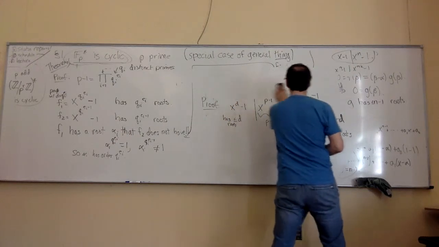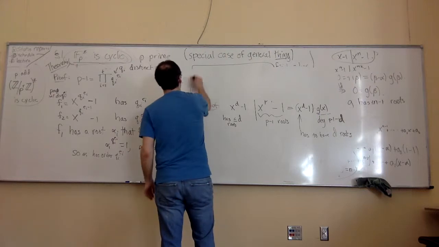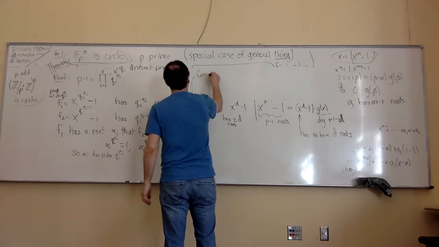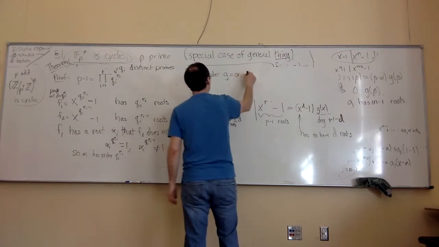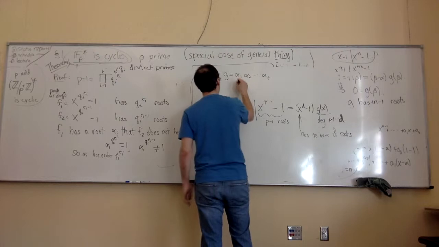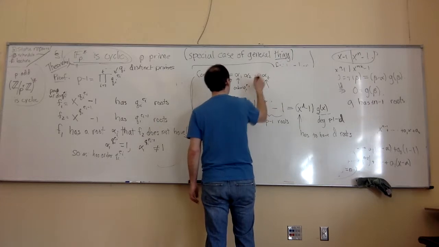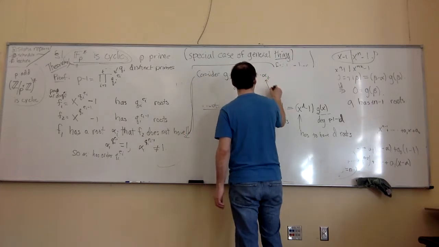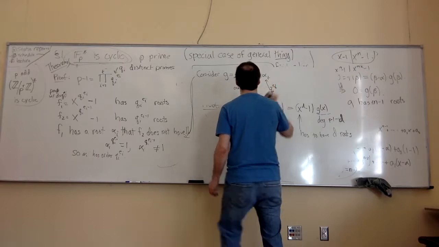So, write down that final step. Finally, consider g, which is alpha 1 times alpha 2 times all the way up through alpha_t, where alpha 1 has order q1 to the e1, alpha 2 has order q2 to the e2, alpha_t has order q_t to the e_t.